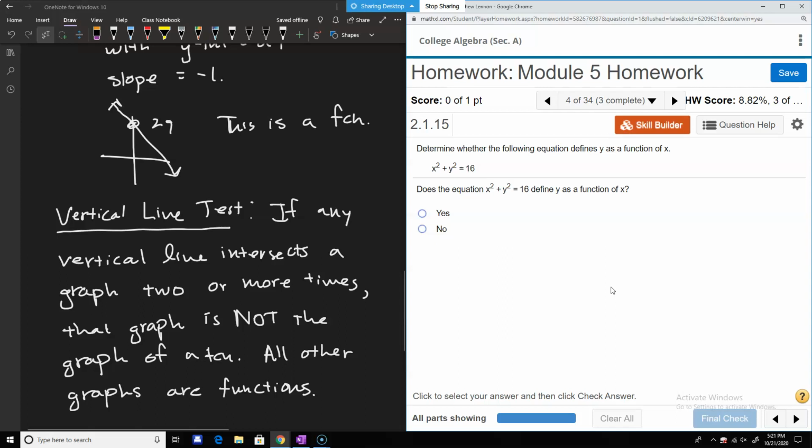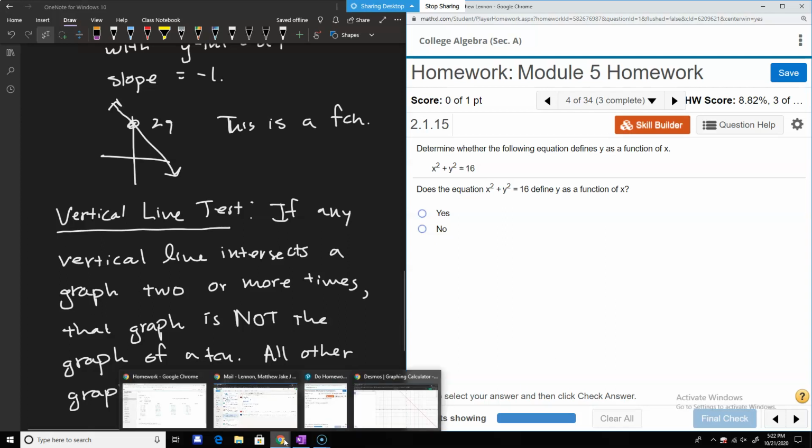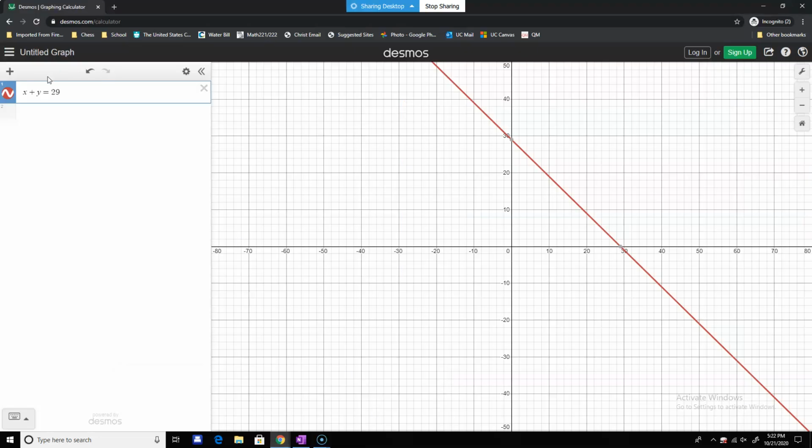Okay, x squared plus y squared equals 16. Anybody from their old pre-algebra days remember what this is a graph of? It's a fairly common shape. Yep, circle. So it is a circle. We can check that. So this one was x squared plus y squared equals 16. So we get a circle.